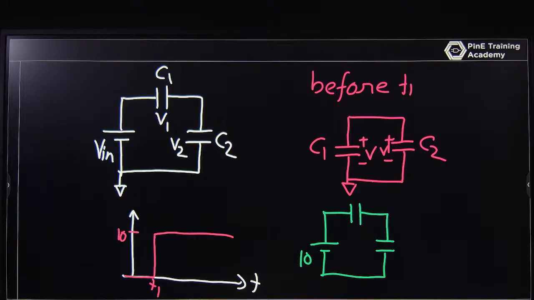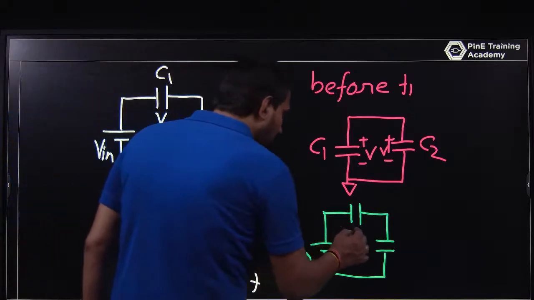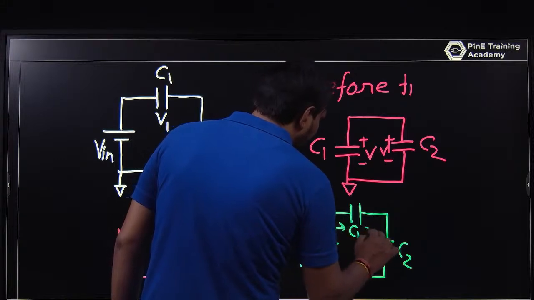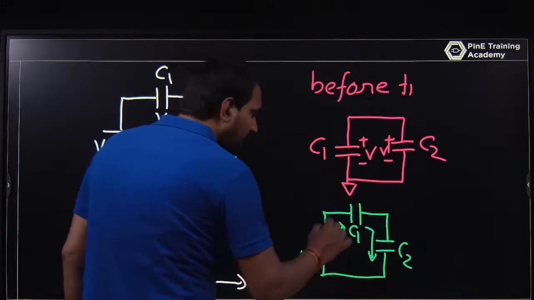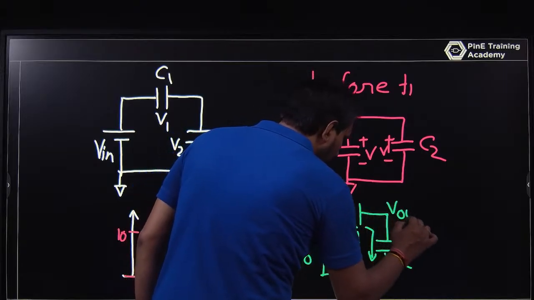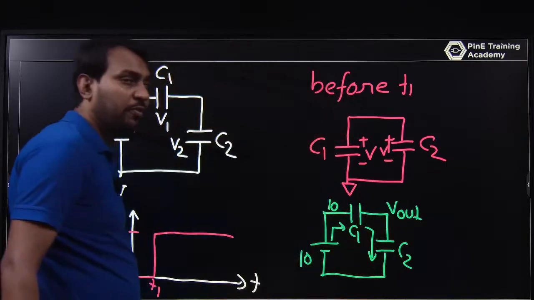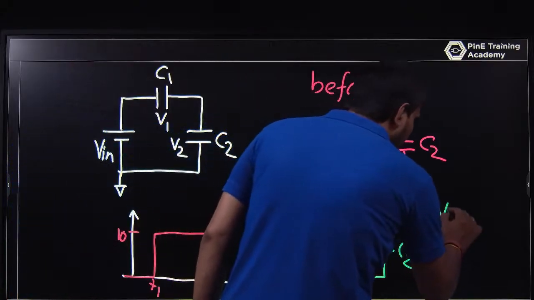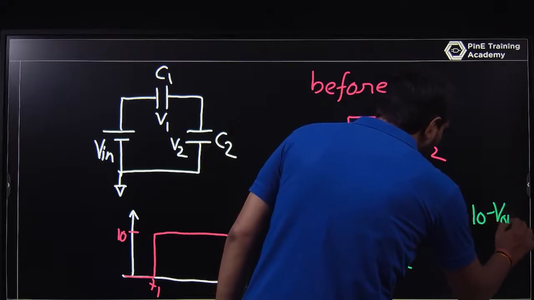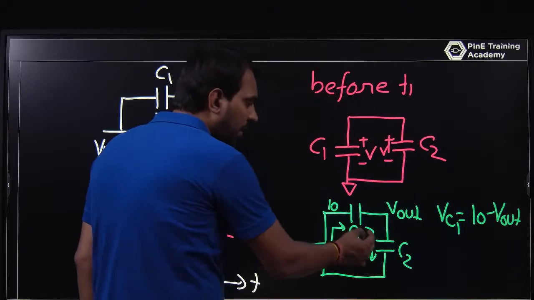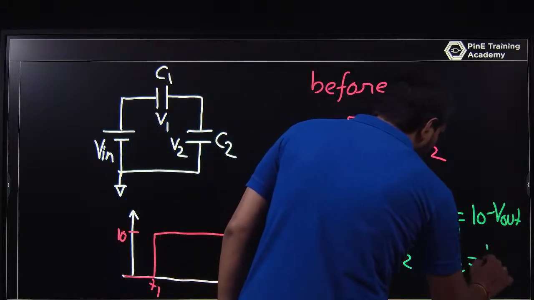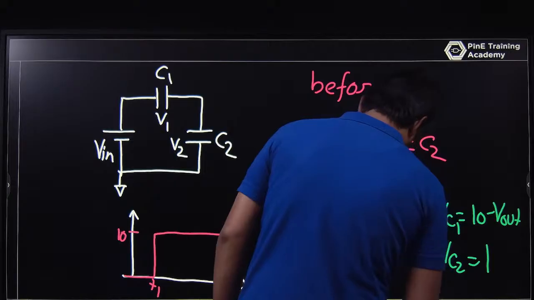I don't know what the voltage is across C1 and C2, but I can say that the current is flowing in this direction. So this is 10 here and this is V out. If you talk about the C1 voltage, VC1 is 10 minus V out. And for the C2 voltage, VC2 is V out, not 10, V out.